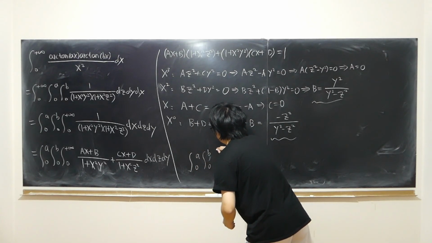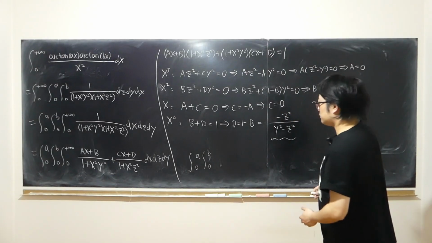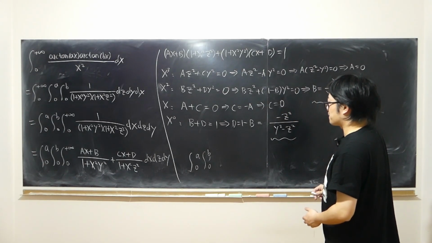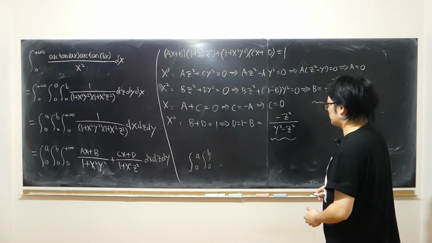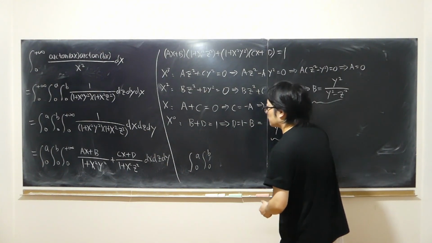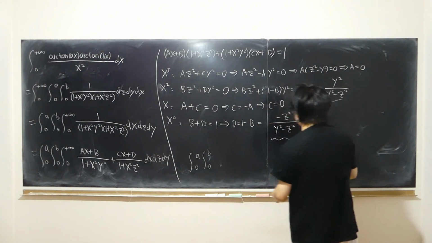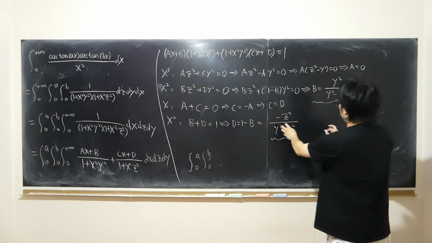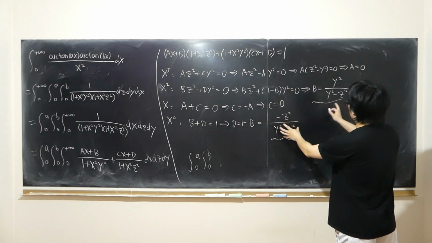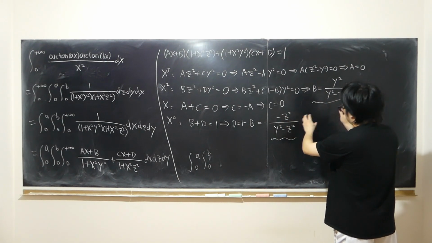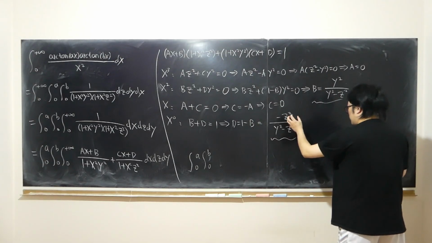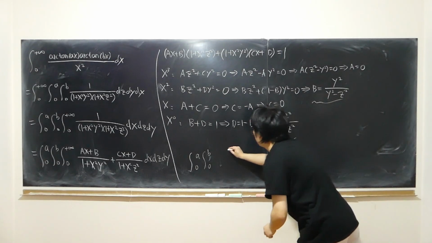So all I have to solve is this one. First, I do dx. It should have nothing to do with y and z. They're just constants. I can just factor out 1 over y squared minus z squared.